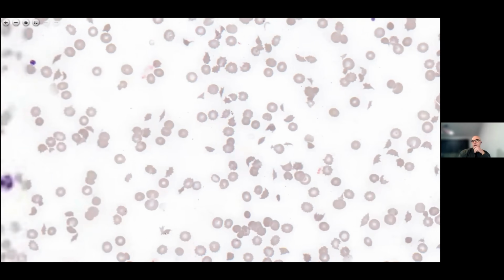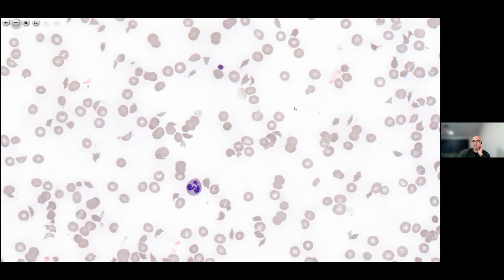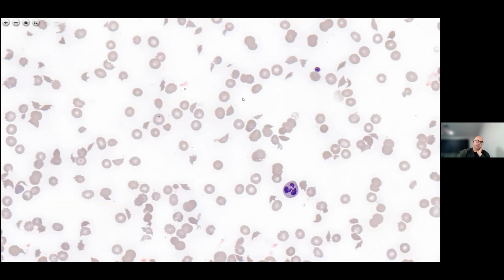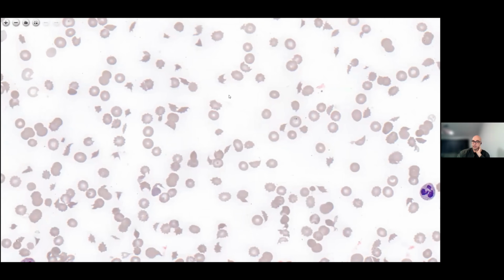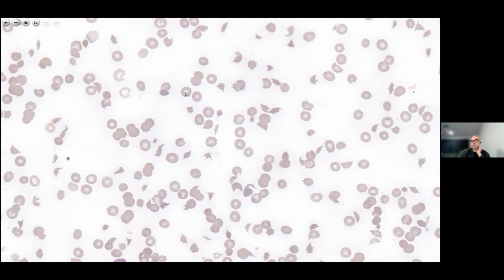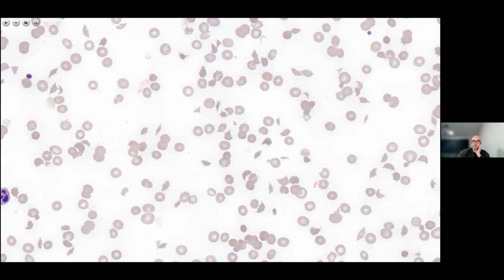And the other thing I talked about was a microangiopathic hemolytic anemia process. So microangiopathic is dysfunction of the small vascular system. Hemolytic, just rupturing or destroying of red cells. And anemia is a low hemoglobin or red cell count.